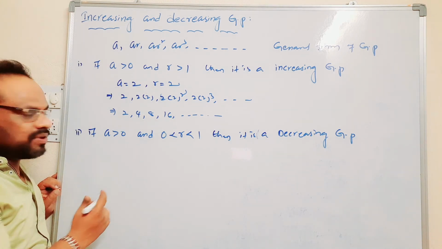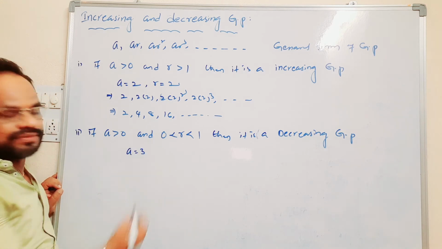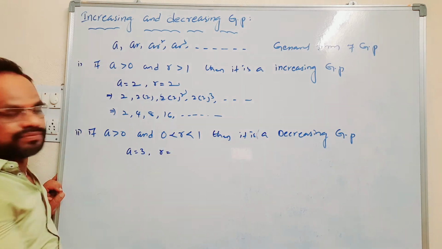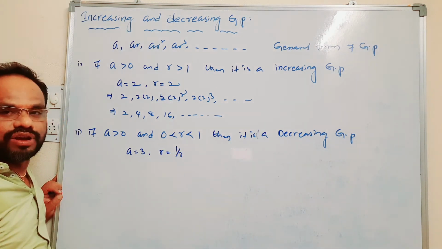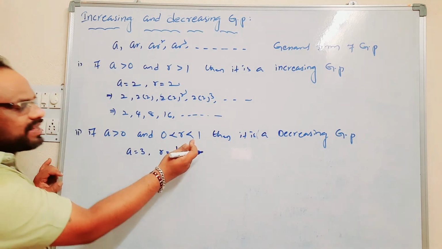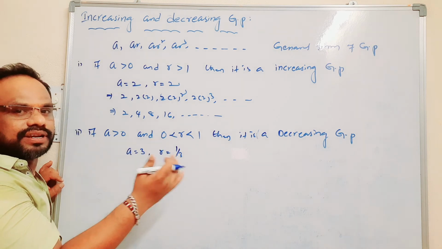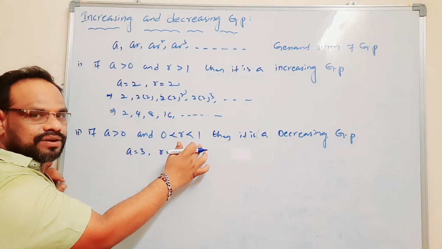Take one example. If we take A is equal to 3 and take the R value as 1 by 3, 1 by 3 lies between 0 and 1. 1 by 3 value is 0.33. So the R value 1 by 3 lies between 0 and 1.